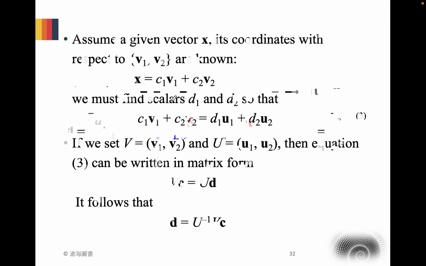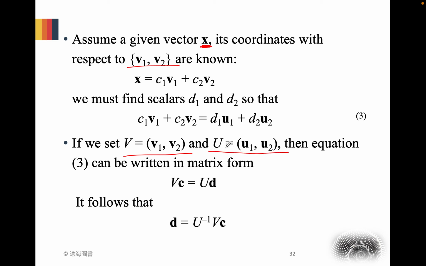How can we do that? Okay, so assume we have a vector x, and its coordinate with respect to v1, v2 is written like c1 v1 plus c2 v2. And if it is written with respect to u1 and u2, the coordinate vector is d1 and d2. Okay, so now we set the first basis as capital V, that is equal to v1 and v2.